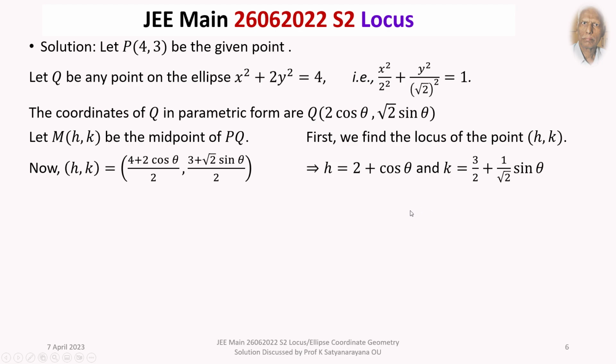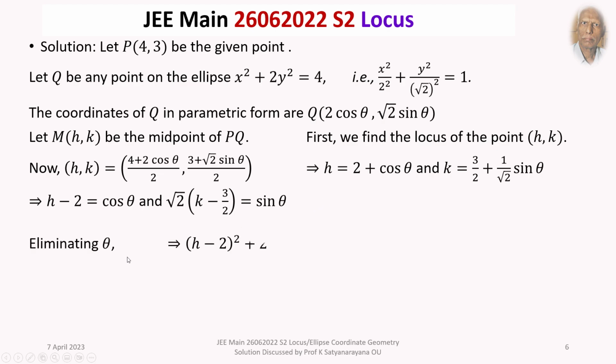This implies h minus 2 is equal to cos theta, and k minus 3 by 2 is equal to 1 by root 2 sin theta. Therefore, sin theta is equal to root 2 times (k minus 3 by 2). Now, we eliminate theta. How? We know cos squared theta plus sin squared theta is equal to 1.